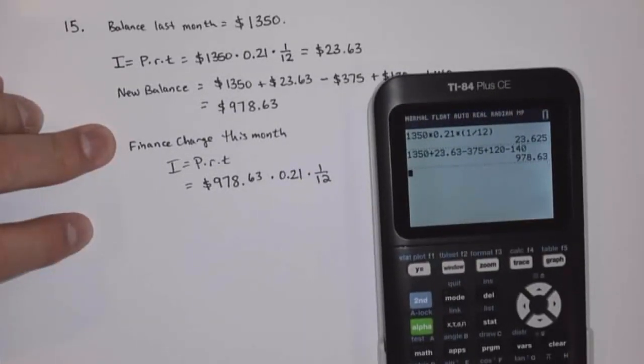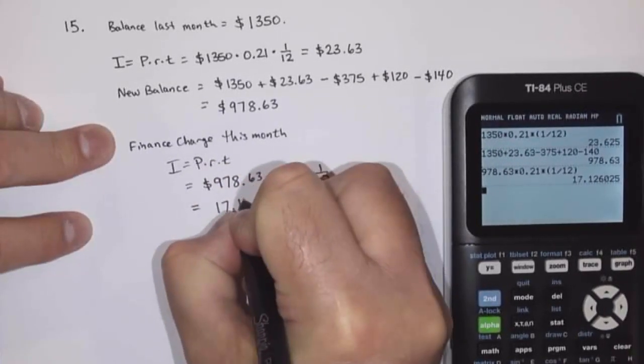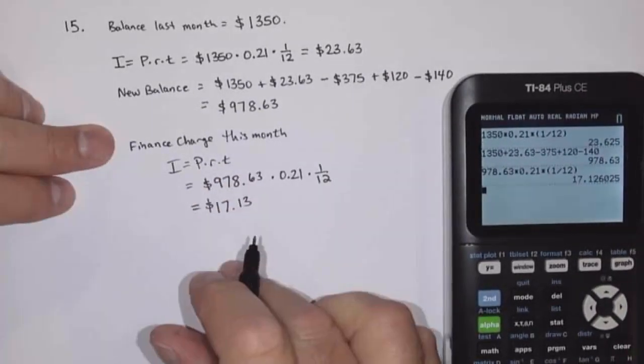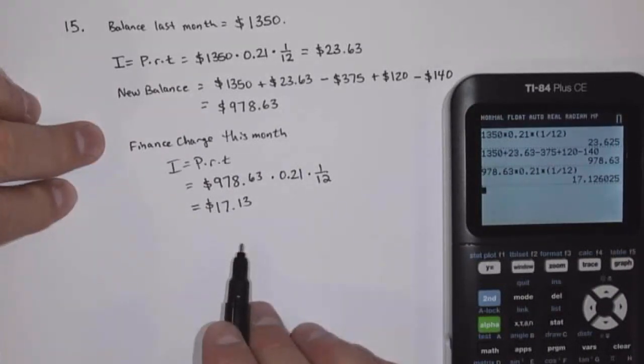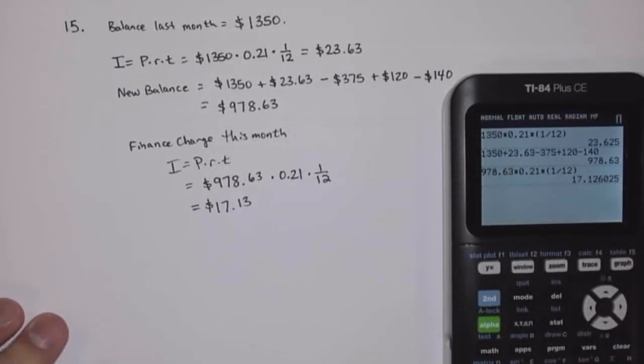So if I take the $978.63 times the 0.21 times 1/12 of a year, then that is going to be $17.13 in interest. So she's going to have a $17.13 finance charge this month.